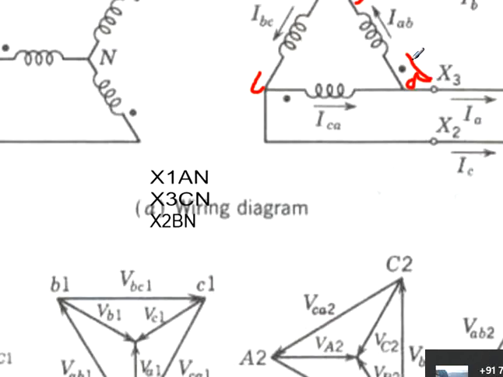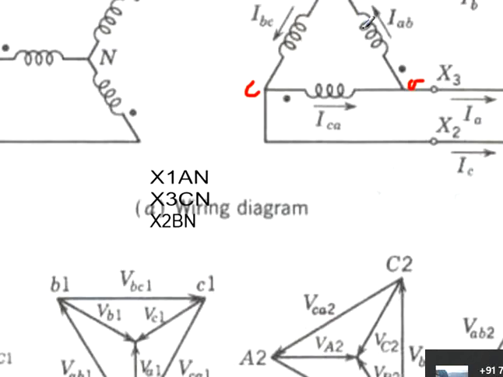So it is A, it is B, it is C. That's why they are taken as A, B, C. And remember, since the secondary is connected in delta, there is no neutral. But when you compare the phase voltages of star with delta, you need to convert the delta into star connection.